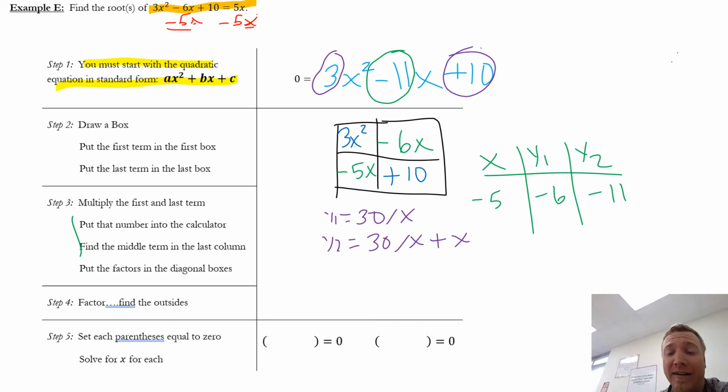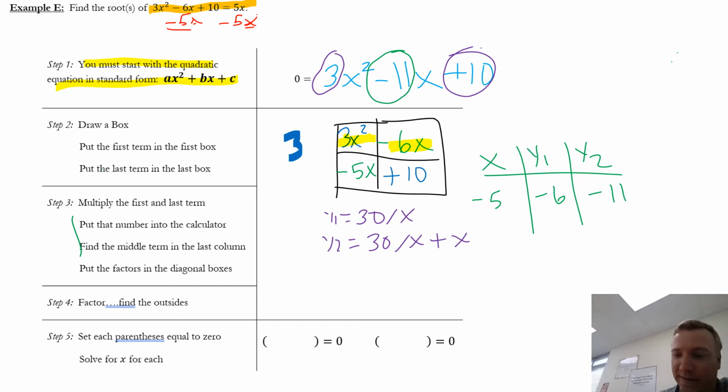Now remember, when we factor, we're just going to find what multiplies to get those four boxes. So we start by finding the GCF, the greatest common factor of our top row. So our top row are these two terms here, the 3x squared and the -6x. So I'm trying to think of what the largest number to go into 3 and -6. And I know that the greatest common factor would be 3.